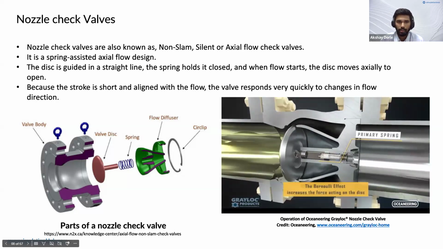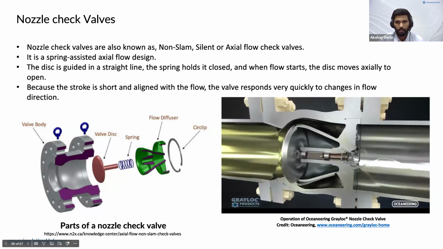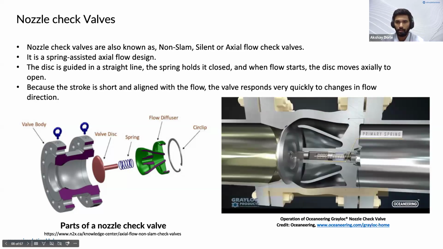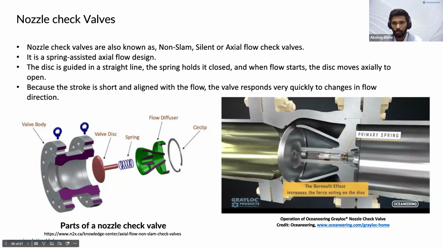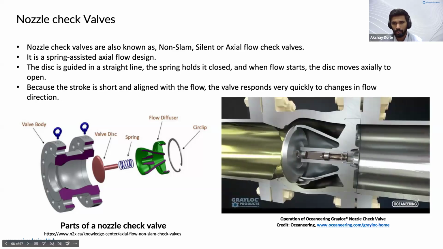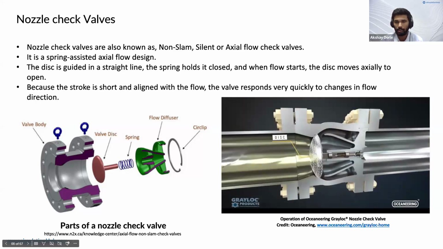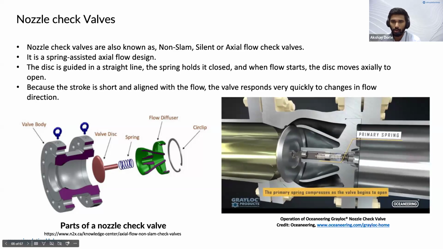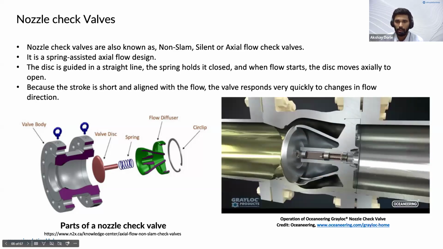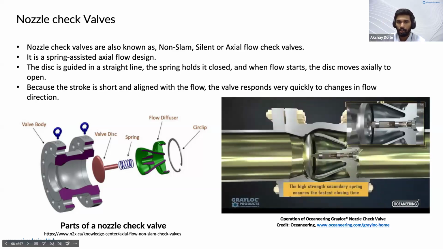These check valves are spring guided. The disk moves in a straight line and it is loaded with a spring to resist the motion of the flow. Once the flow or the pressure difference is as per the design, the valve will open only for that flow condition and it will stay open till the flow rate or the pressure difference is met with the design conditions.